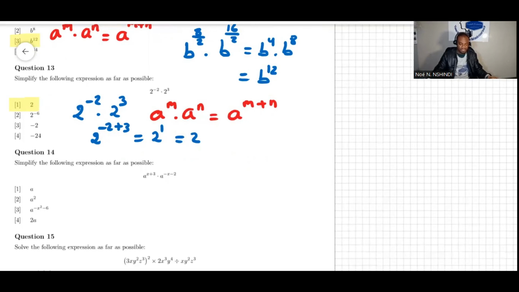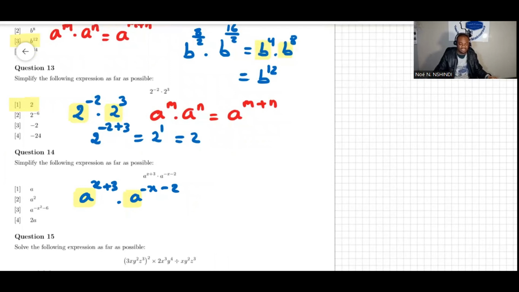The base is common, like we had it over here and there.